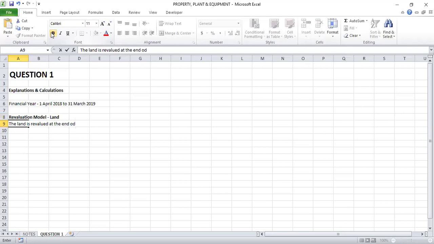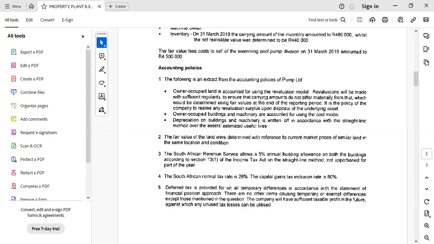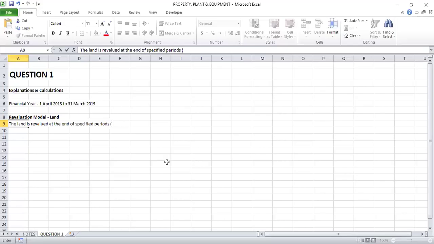It doesn't have to be every year. Specified period according to policy. It can be every year, it can be every 2 years. At the end of the reporting period. In this case, so yearly.